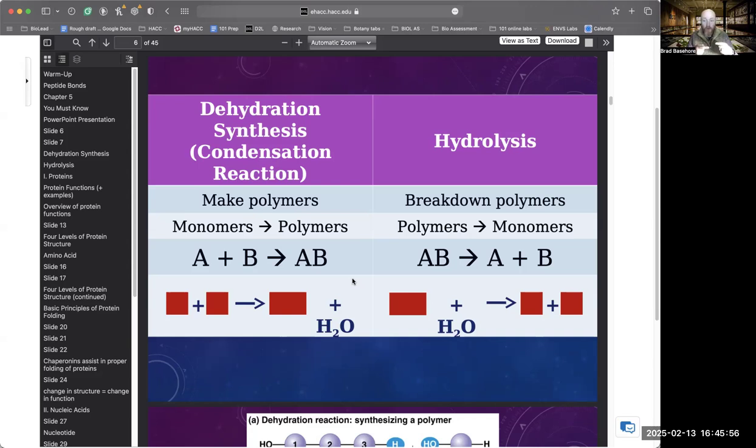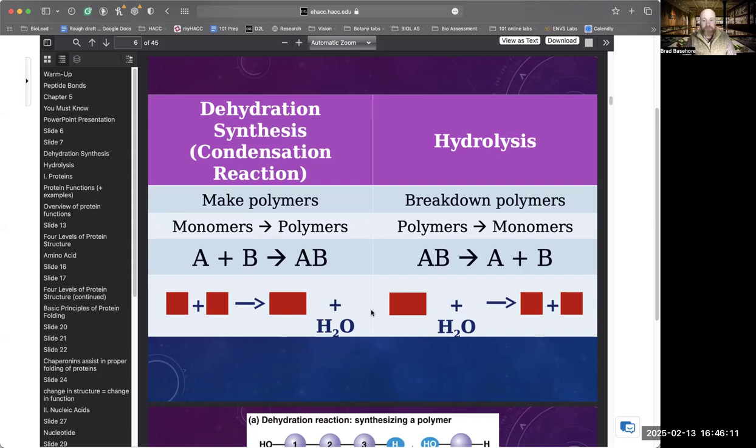That frees up a covalent bond, which then will join the links. The H and the OH go together to make an H2O. So you're dehydrating the monomers, removing a water to synthesize a polymer.